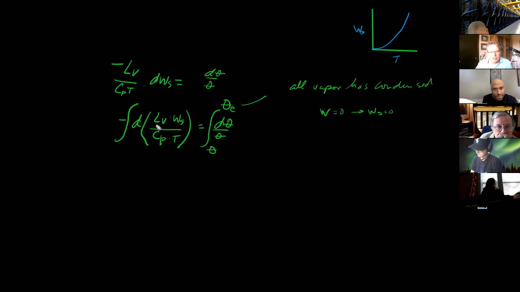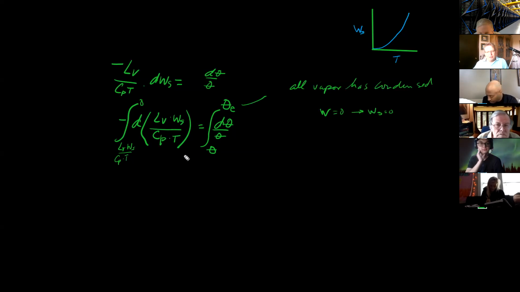So the question is, when I'm at theta E, what's W sub S? This whole term becomes 0. And then what would this term be at theta? The answer would be LV WS over CPT.